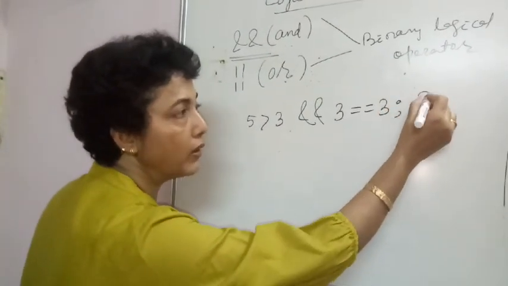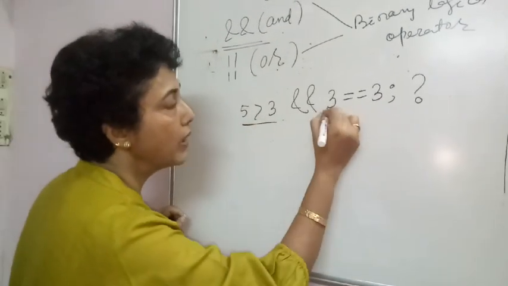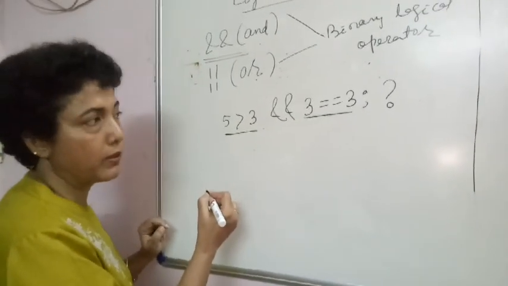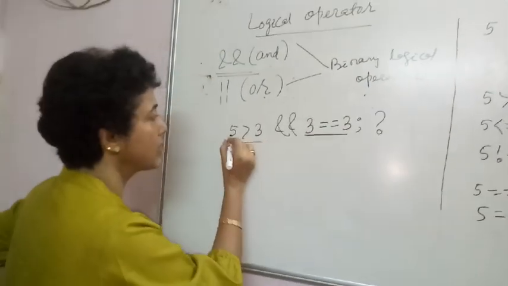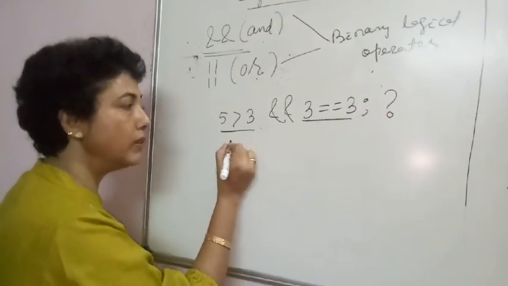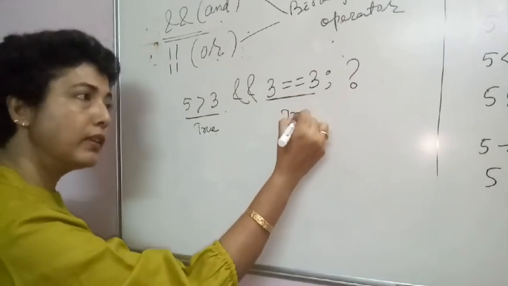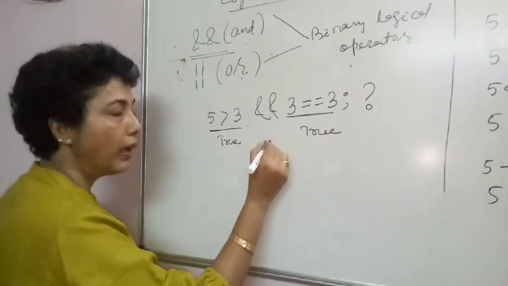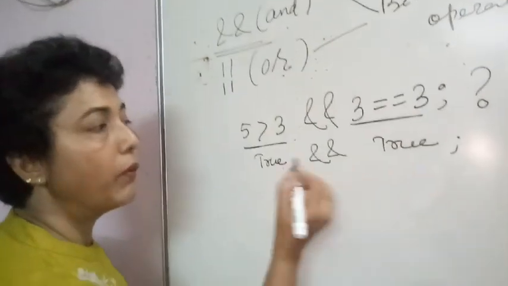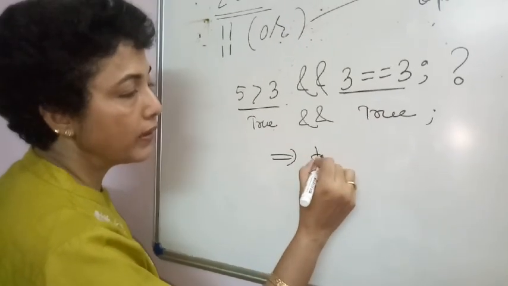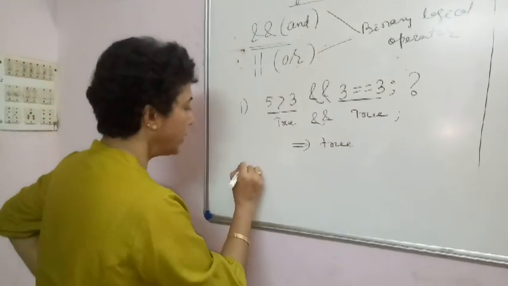To find the answer, I first have to solve the two relational expressions. 5 greater than 3, what is the answer? True. 3 equal to 3, the answer is true. Both are true, and then the logical AND will be applied, which says when both are true, the overall answer is true. Clear?